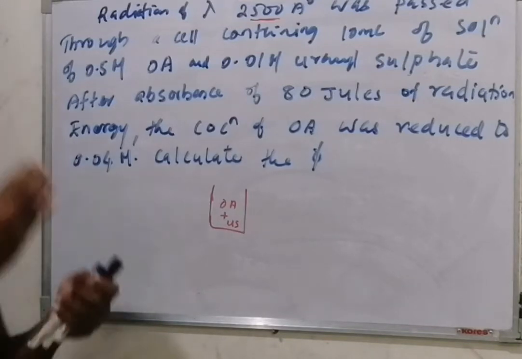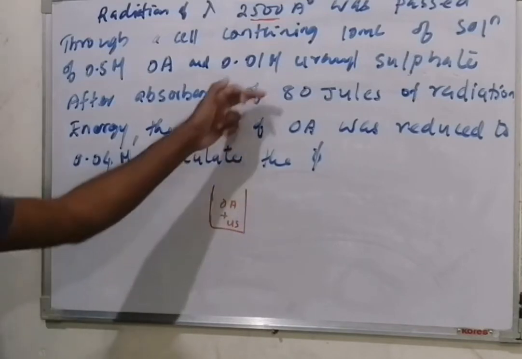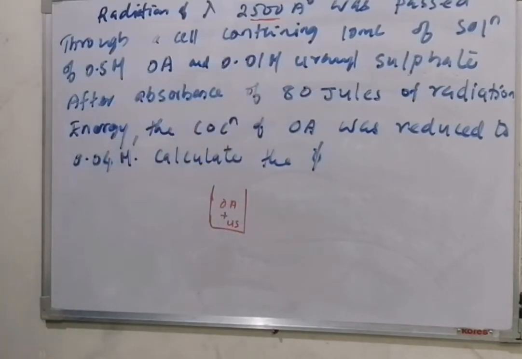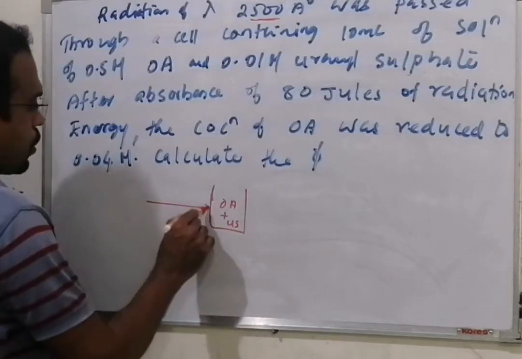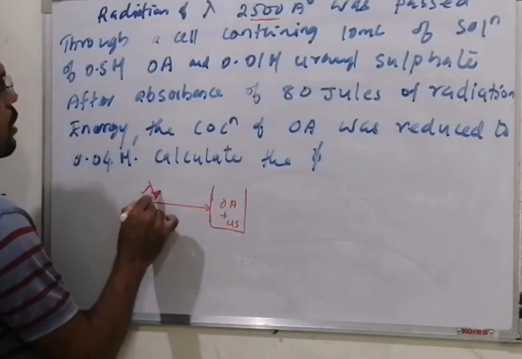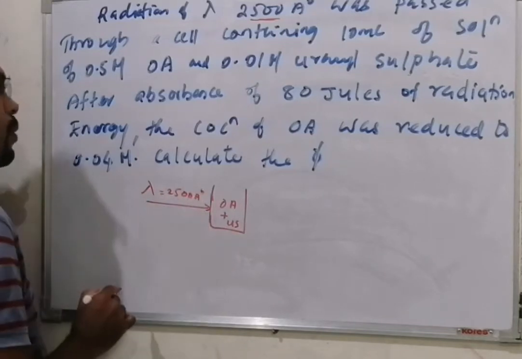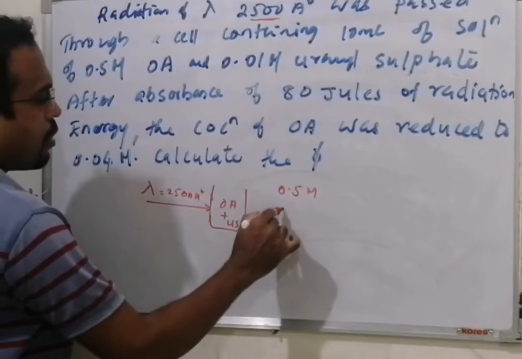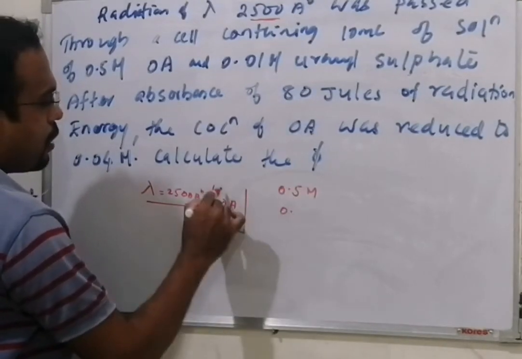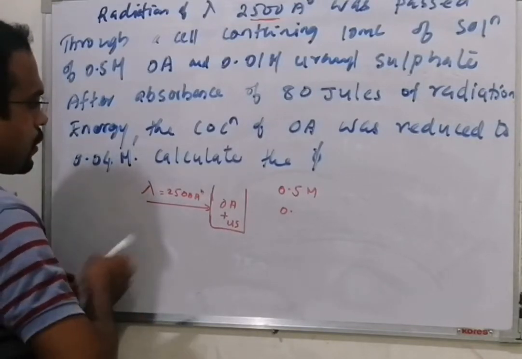For oxalic acid decomposition, we will mix some uranyl sulfate. To that, you give light of 2500 angstrom. The initial concentration was 0.5 molar, after 80 joules of energy absorbed.